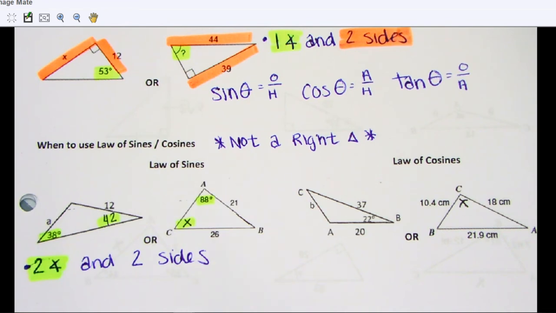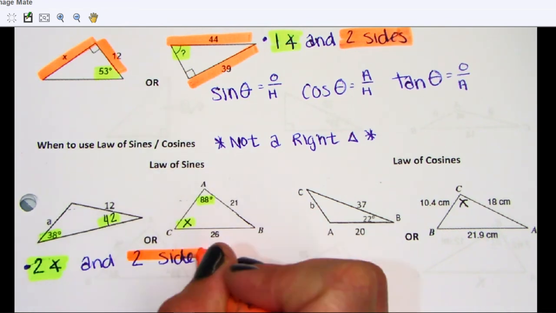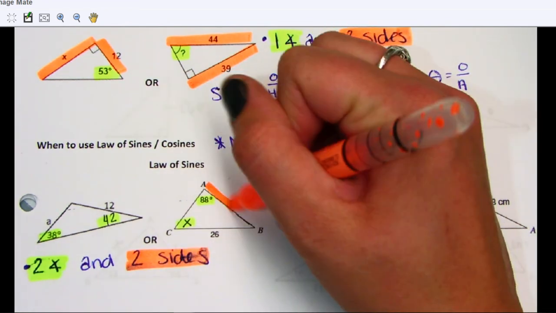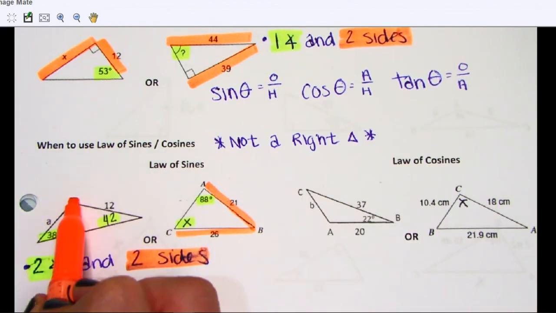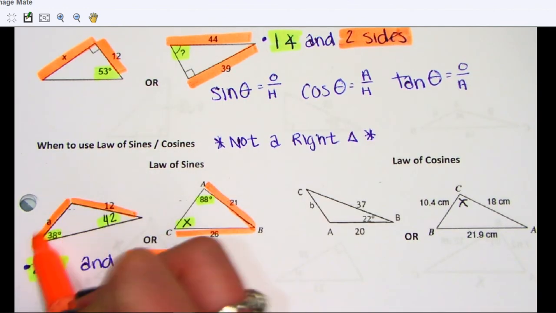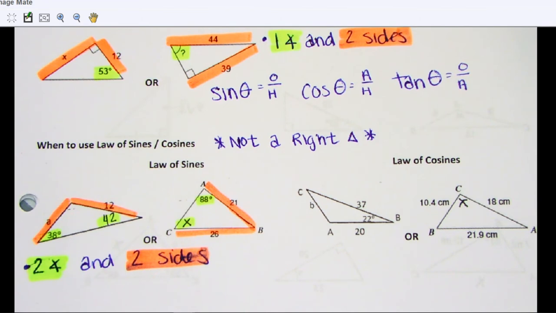I also have to have 2 sides. So a side here and here, here and here. And these are just examples. Remember, it's not a right triangle. You have to have two angles. You have to have two sides.